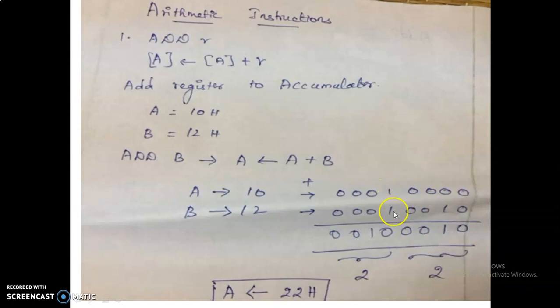So 1 plus 1 you get 0, the remainder 1 is carried here. The final value is 22H. Okay, that is stored in the accumulator A. This is not a logical operation, this is an arithmetic operation, so both bits are added together.